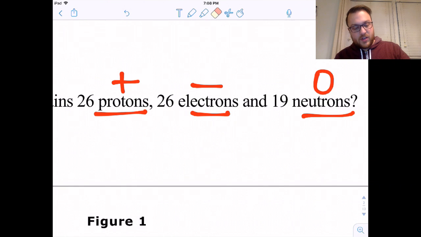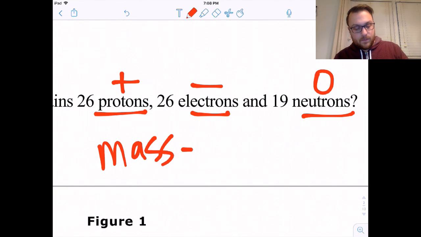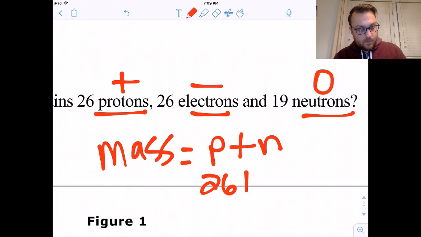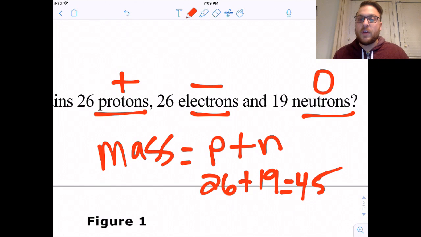If the question was asking about the mass, you would add the protons plus the neutrons, and that would give you your answer.